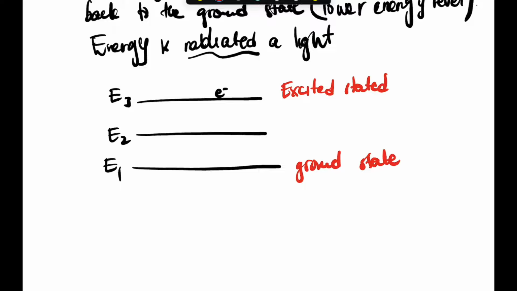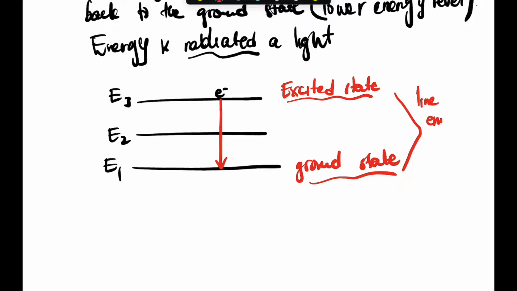Remember, the excited state is a higher energy level, and the ground state is a lower energy level. So the electrons move from there to there. As they move from the excited state to the lower state, we call this type a line emission spectra.